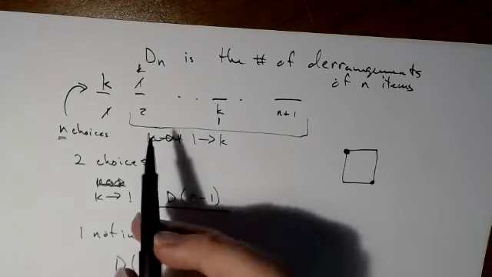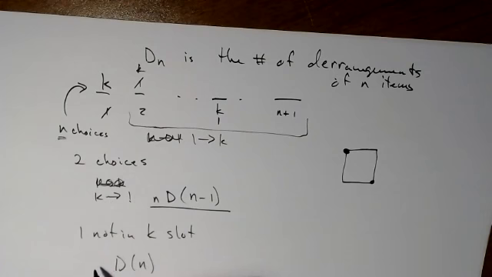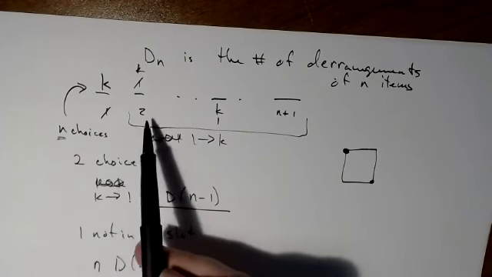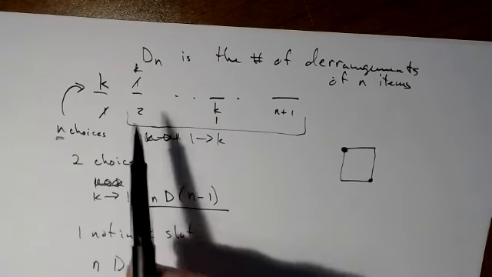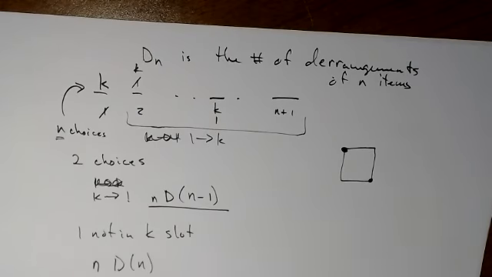Again, though, there were n choices before I got in here. So there were n choices, these n, for which one was my k. So d n plus 1 equals n times d n minus 1 plus dn.